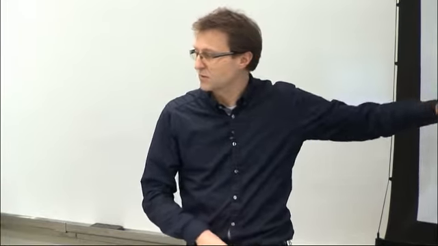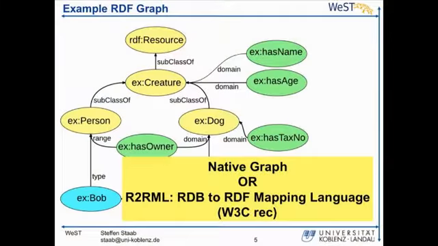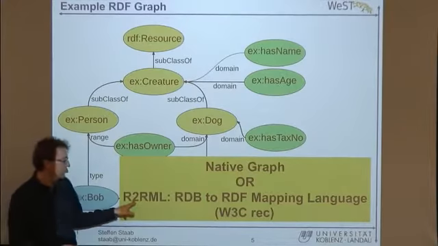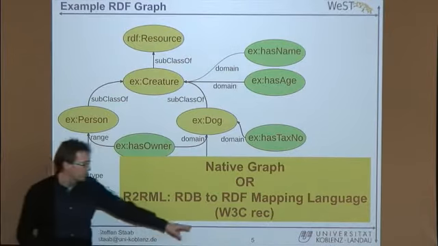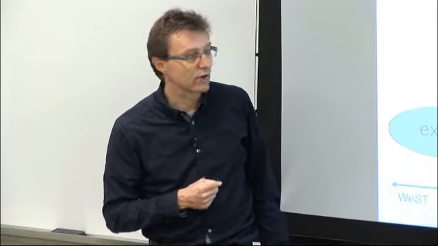When I talk about this example, please always keep in mind this may directly be an RDF data source, or maybe you take an established mapping of a relational data source into this very simple kind of framework. So there is, for example, the standard R2RML, that was standardized about 1.5 years ago by W3C. This is the W3C recommendation.